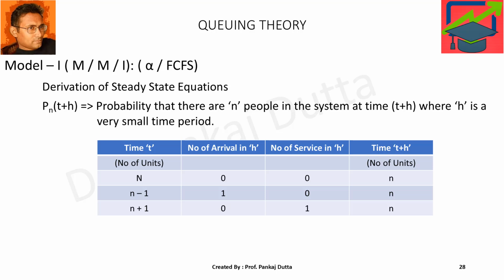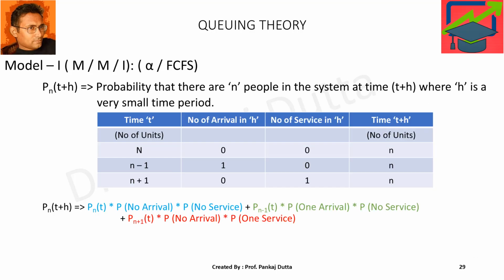Just note, since we have assumed h to be a very small time period where only one event can occur, either an arrival or a service, hence we have ignored the possibilities like 2 arrivals and 2 services, and so on. As you can see, the probability of n people at time t+h can be expressed as the sum of 3 situations.